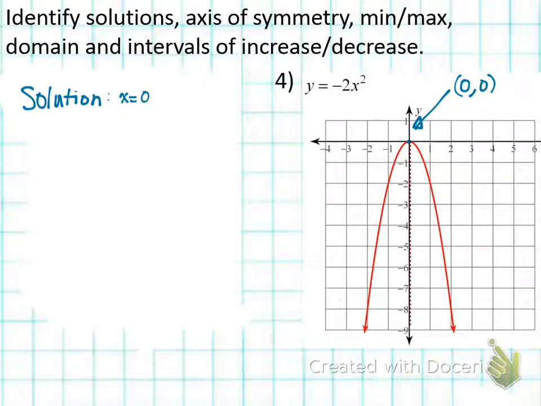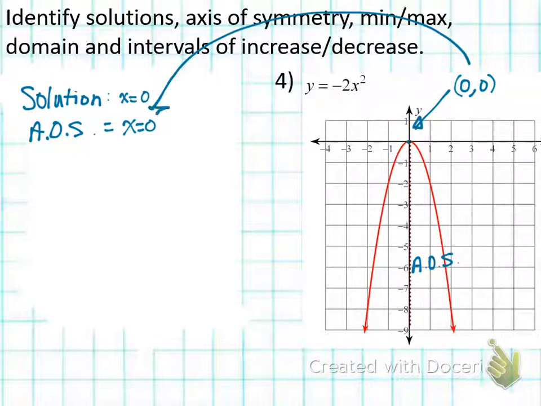Okay, and then we would write AOS. Now, what's the equation for the AOS? X is equal to what on this one? 0, right? Same thing. All I'm doing here is copying the vertex, the X part right there, right? That's all I'm doing. You all see that?